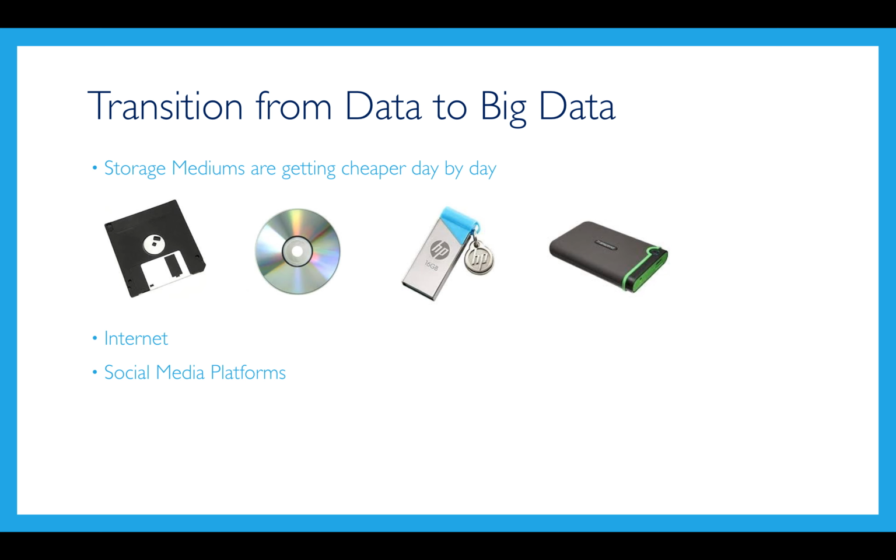The first is that low cost storage mediums are available nowadays. The second is the evolution of the internet, and the third is the active use of social media platforms. So this is one part of big data: since all these mechanisms and platforms are available, data is getting generated.